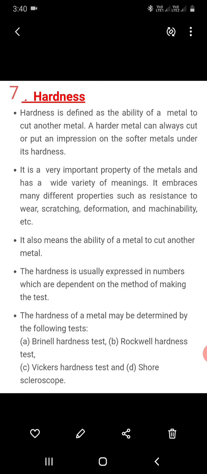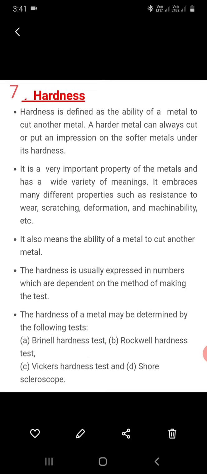Strength is nothing but the ability to take loads. Hardness is nothing but the ability to cut other material or to make a dent on softer materials. For example, diamond is a hard material. It can be used to cut other materials, but the strength of a diamond is low.